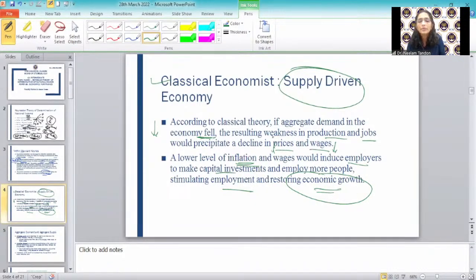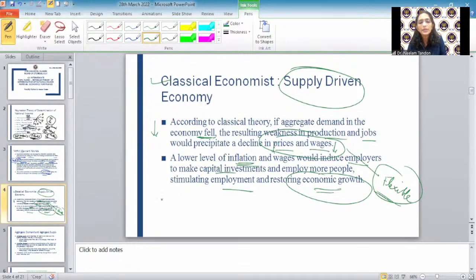But the problem is that prices and wages are not flexible. Are the prices and wages flexible in a realistic economy? Is it easy to change prices so frequently? Is it easy to change the wage rate? No, you cannot go for changing it.